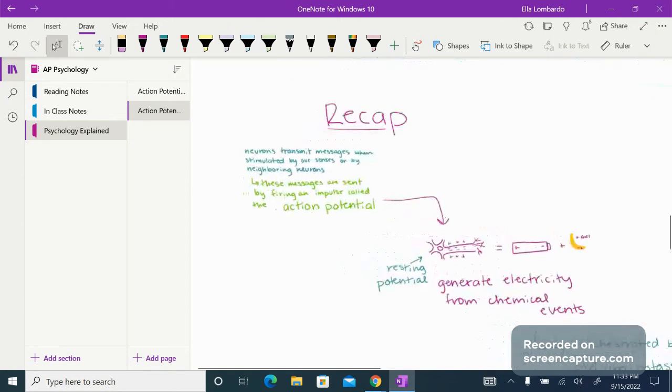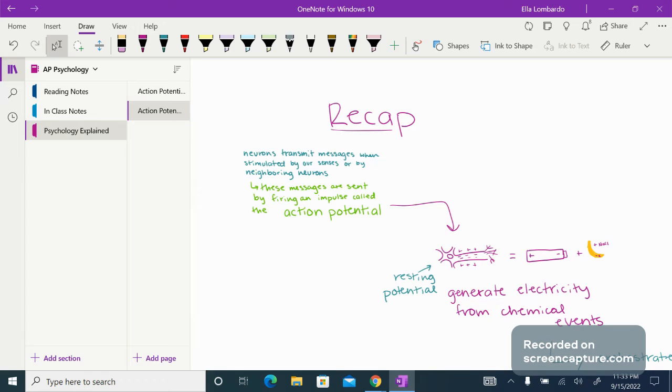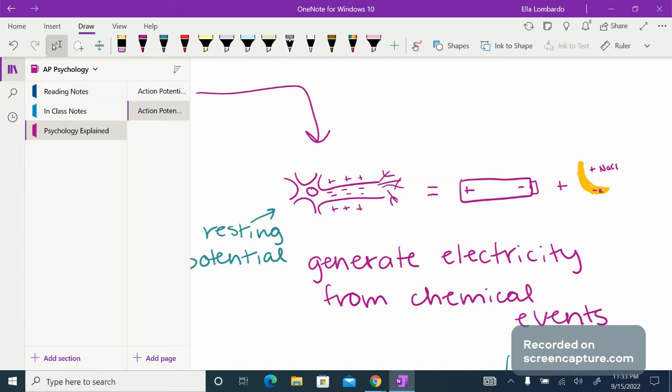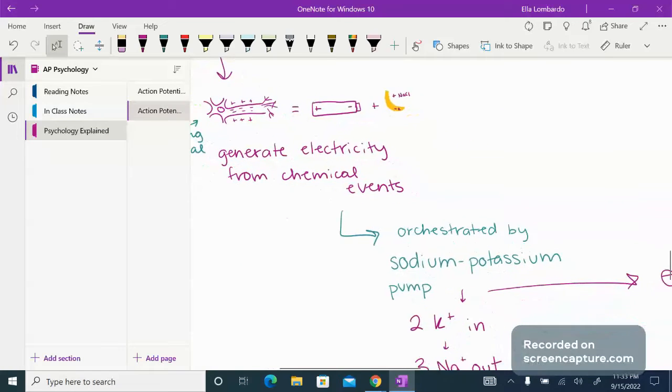Now it's time for the quick recap. So, neurons transmit messages when stimulated by our senses or by neighboring neurons. These messages are sent by firing an impulse called the action potential. Our resting neurons are basically salty banana batteries. They generate electricity from chemical events, and they have that negative potassium on the inside and positive salt on the outside.